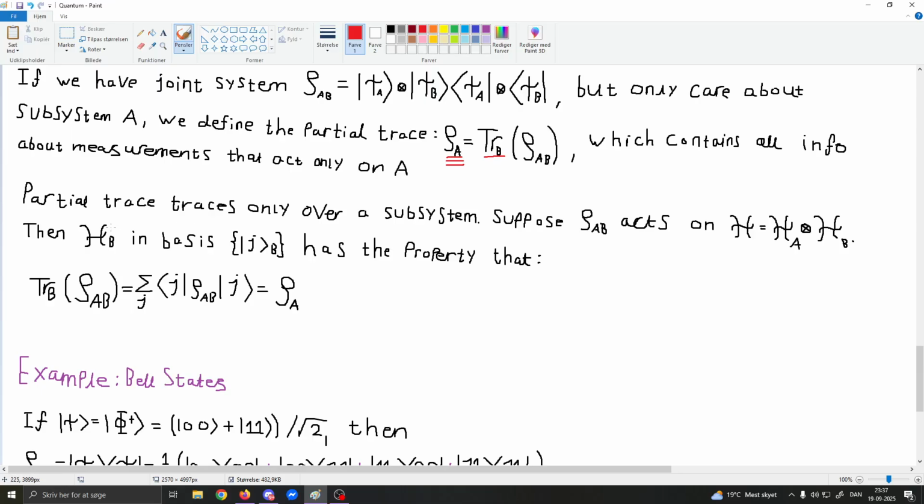And the way this partial trace works is that you sum over the opposite person, because now it's Alice and Bob's, but you sum over the quantum system that you're not interested in.